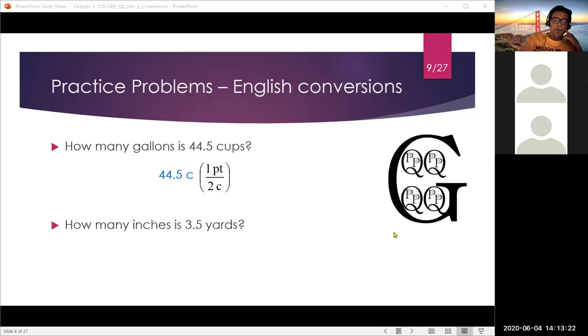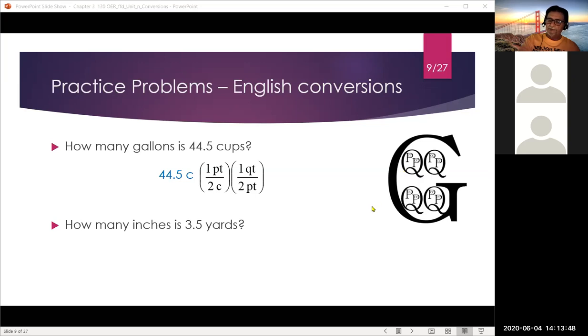And so we're at 1 pint to 2 cups. So it gets me to pints. From pints, I want to get to another unit because eventually I want to get to quarts, right? So I know that in 1 quart, I got 2 pints because I know that factor there. So here, my pints cancel, my cups cancel, leaving me in quarts.